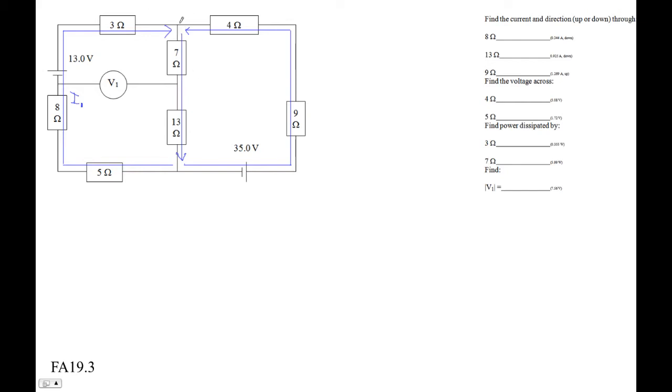Now, let's look at this junction right here. If I look at that junction, I will see that there are two currents. I'm going to call this current I2 and this current I3. The rule for the junction is that the sum of the currents flowing into the junction is 0.